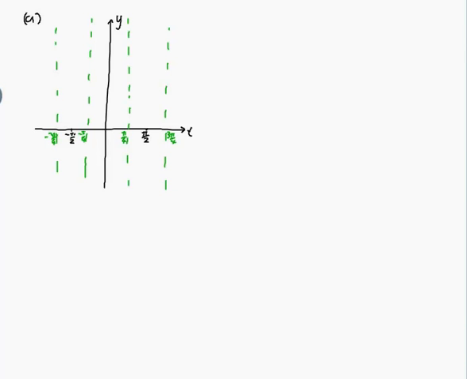Now normally, tan 2t would cross the y-axis here at 0, but it doesn't because we've added on an extra 3, so the whole thing shifts up 3. Instead of it doing all of this here on the t-axis, it's going to do it here at y equals 3. So now we can draw our graph.